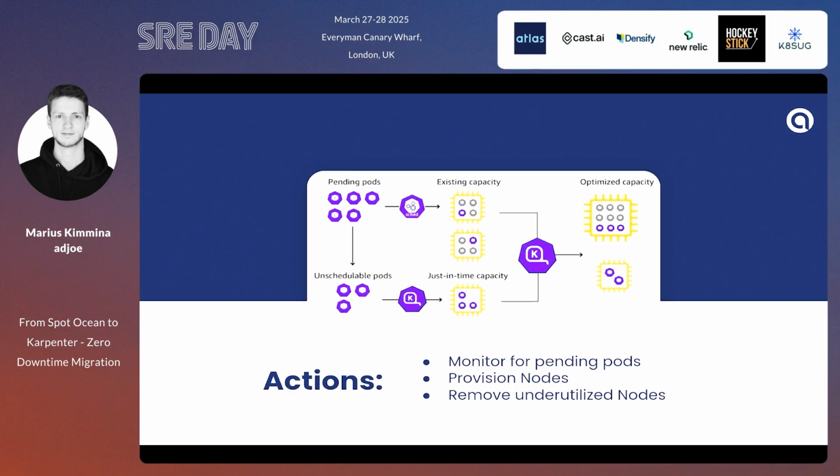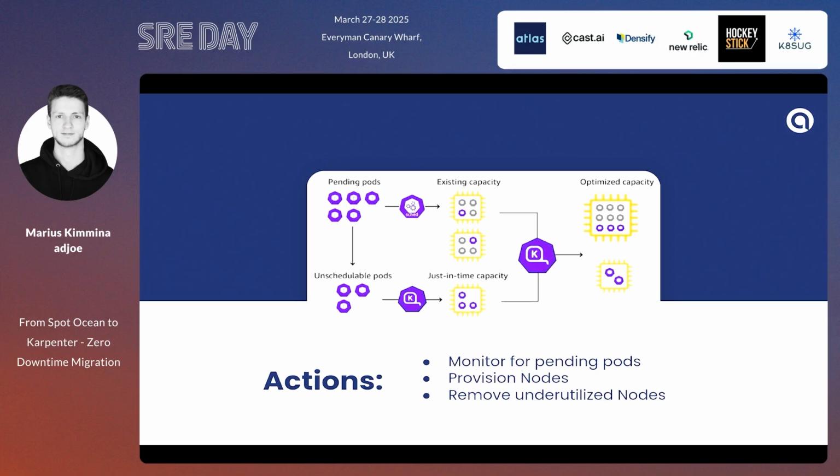Then in the next step, we can also further optimize the capacity so that in this case, as you see on the slides, we go from 3 small nodes to 1 big node and 1 small node. So in a nutshell, we always do 3 things. We monitor for pending pods, we provision new nodes, and we remove underutilized ones.